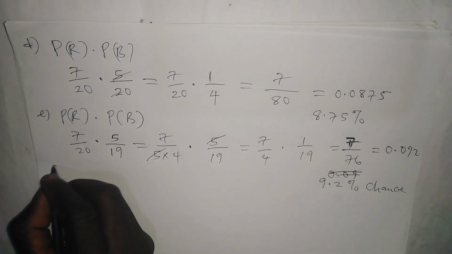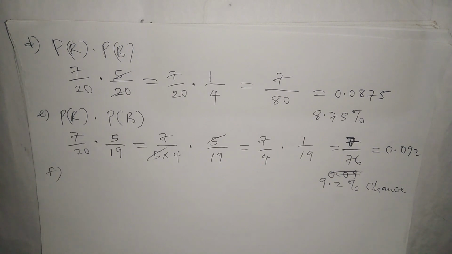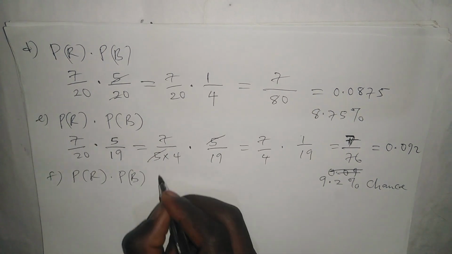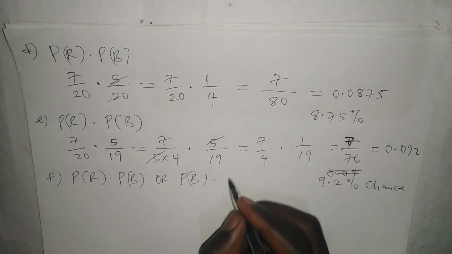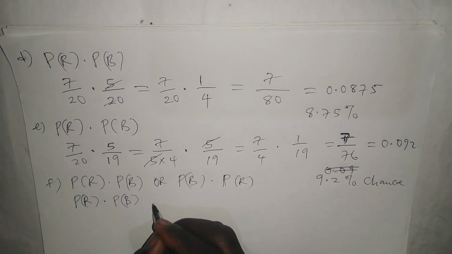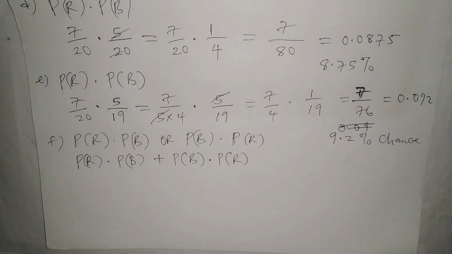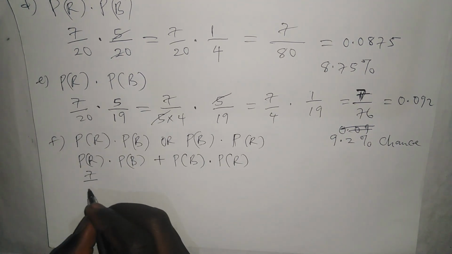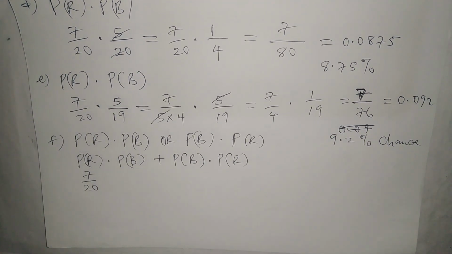For question F, what is the probability of selecting a red and blue marble without replacement? In this case, the order is not specified. Since the order is not specified, we have the probability of selecting the red, then the blue, or we select the blue, then the red. So the probability of selecting a red marble, we have 7 red marbles in the jar and 20 marbles total in the jar.